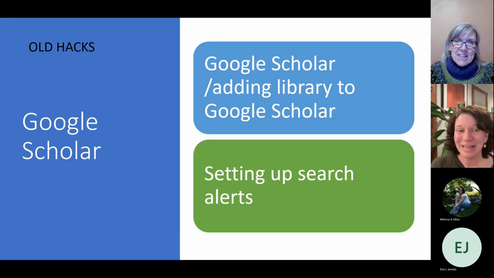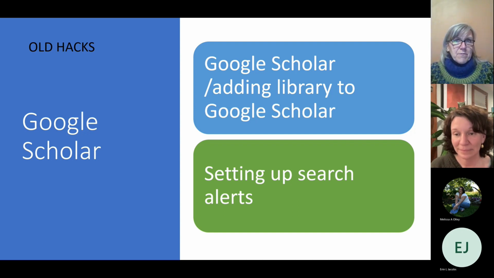And then the other hack from last week was adding the library to Google Scholar and setting up the search alert. So if anybody wanted to describe one of those, just unmute and shout it out, or put it in the chat. Even if you just want to explain the why behind it, if you don't want to explain how to do it, why would you want to add the SUNY Potsdam Library to Google Scholar?